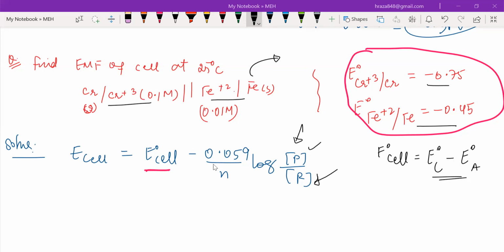Sir, minus 0.58 volts. What you just said, minus 0.58 volts.